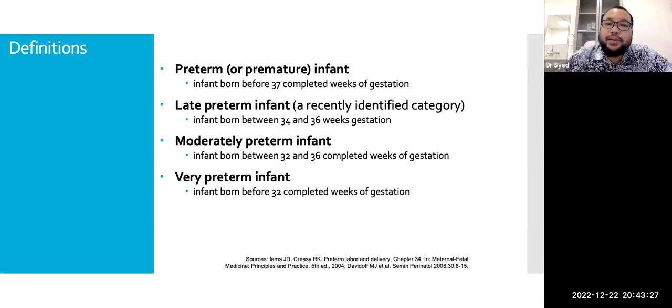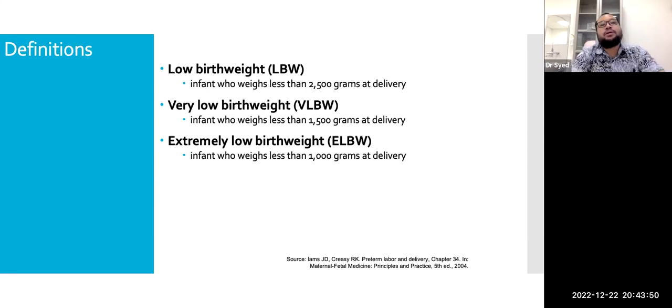Late preterm infants are those born at 34 to 36 weeks. Moderately preterm infants are between 32 and 36 weeks. Very preterm are those born before 32 weeks period of gestation. Extreme preterm are those born before 28 weeks period of gestation.